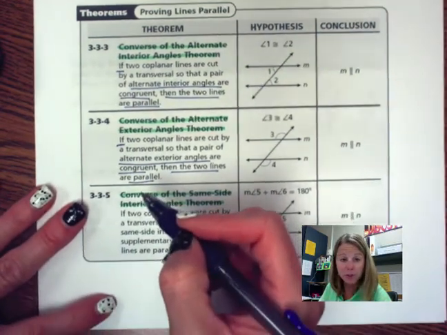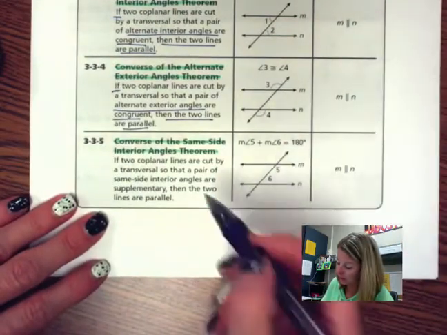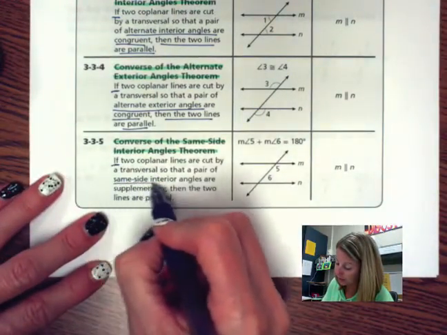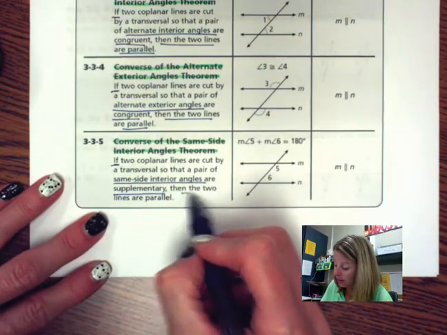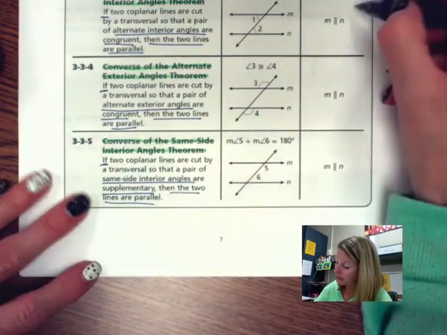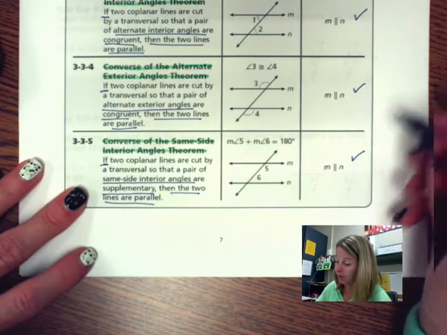So all you have to do is look for those angles. Now on the third one down, if same side interior angles are supplementary, remember this is the one that's not congruent, then the lines are parallel. So notice every single time we are concluding parallel lines. You are not given that information.